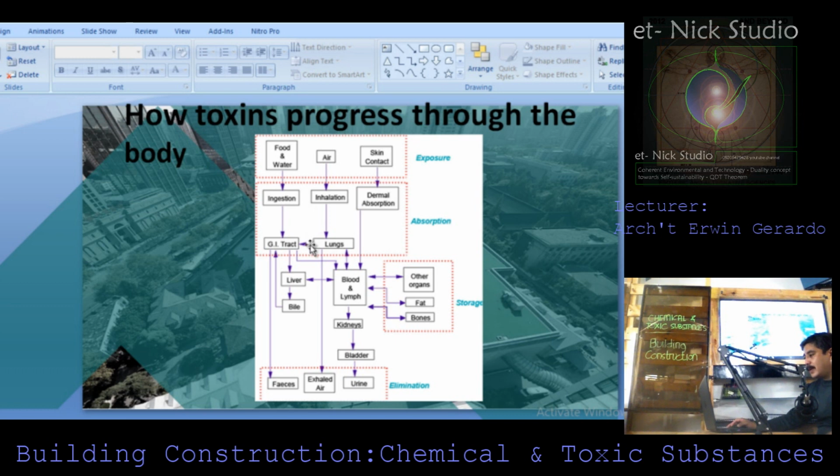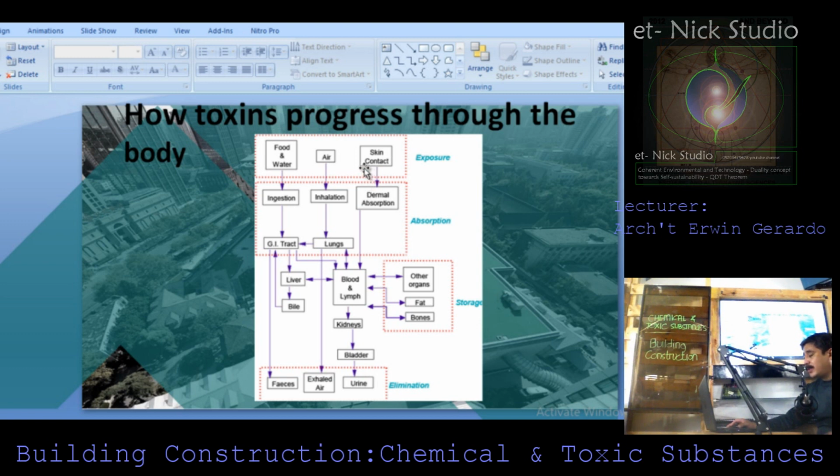It goes through our lungs, and of course, it also enters the GI tract. Then it is exhaled to air, but through the lungs it goes to our blood and lymph. It passes through the kidneys, then goes to our bladder, and the byproduct here is our urine.